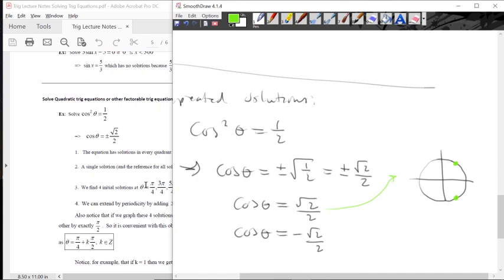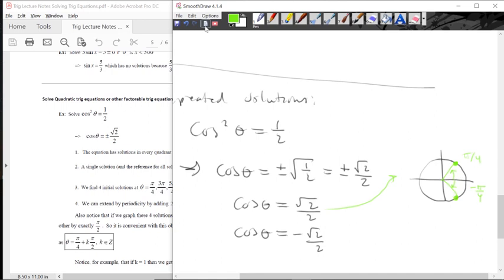And in fact, as you can see from the work here, you're going to have theta 1, that solution, it turns out is pi over 4. And your theta 2 for this basic trigonometric equation, one solution for that could be negative pi over 4. Another solution for that could be 7 pi over 4 if we take it as a positive quantity from 0 to 2 pi. So that's a possibility.